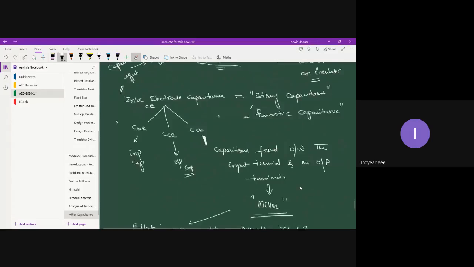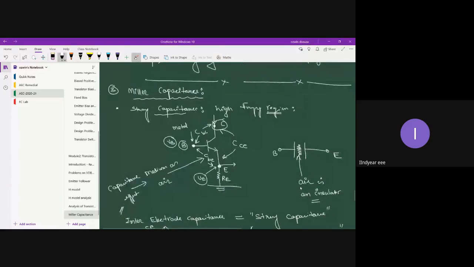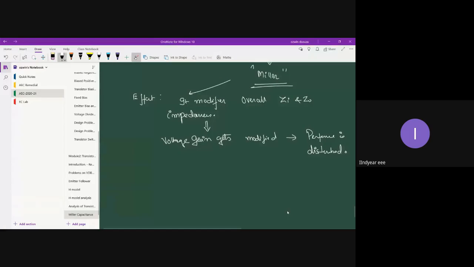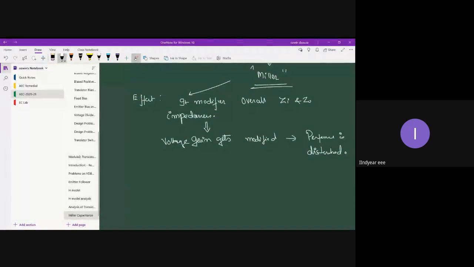So this is a very short discussion about the stray capacitance. Now let us look into the Miller capacitance. But did you understand, or at least did you get the feel of how exactly this parasitic capacitance comes into the picture?